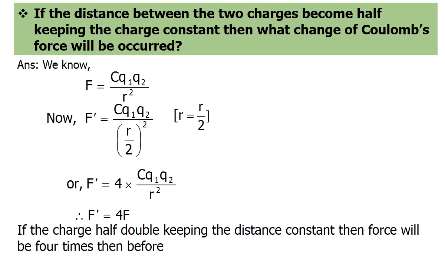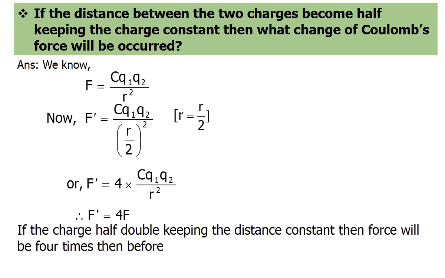So we can write from Coulomb's law here Coulomb force F equal to C q1 q2 by r square. In that case we have to write r equal to r by 2 because the distance of the charges becomes half, and if we put the value of r equals to r by 2 in that equation, then we will get a new force.